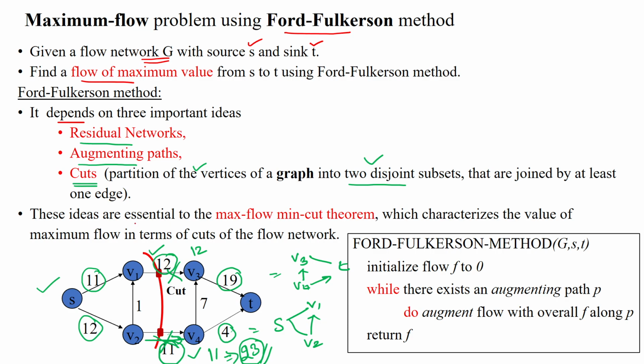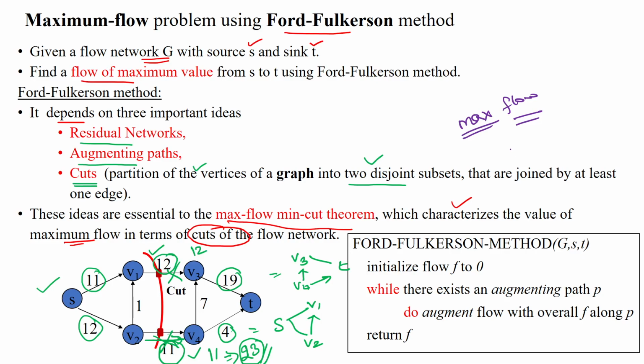That is what the max flow min cut theorem characterizes: the value of the max flow with respect to the cut, which divides the network into two disjoint subsets. The Ford Fulkerson algorithm is used for finding the max flow of the graph by using the residual capacity of each and every edge.